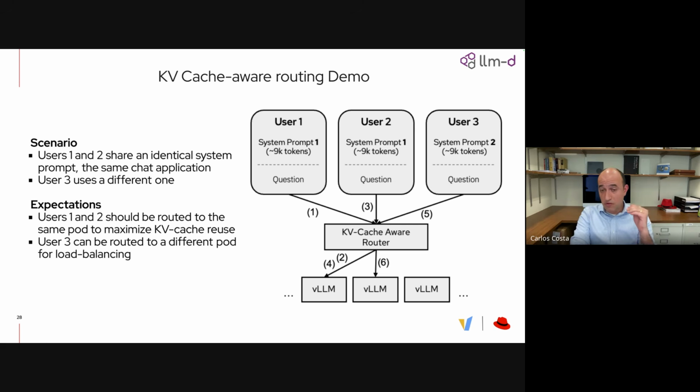Different both system and user prompt. What I want to see from the system is that user 1 and 2 should be routed to the same pod to maximize KV cache reuse because they share the same system prompt, whilst user 3 would be routed to a different pod for load balancing, okay?